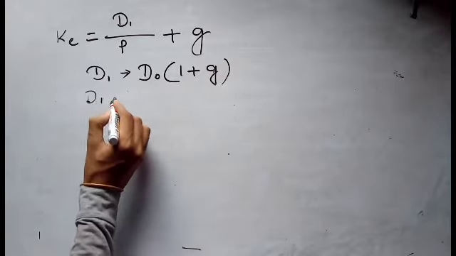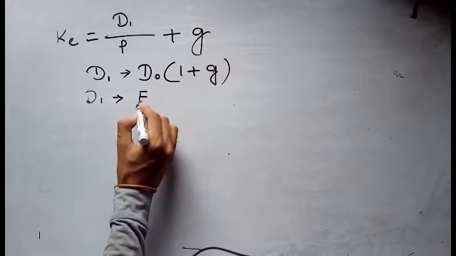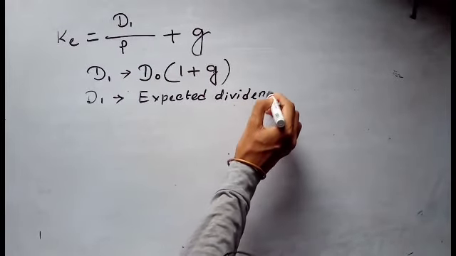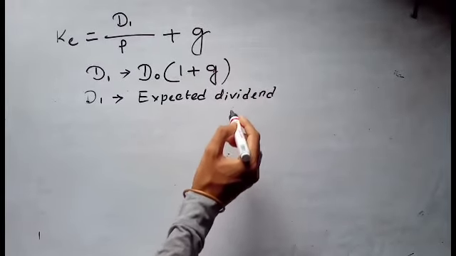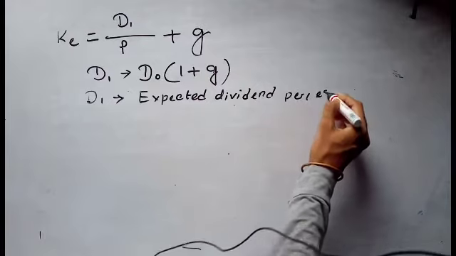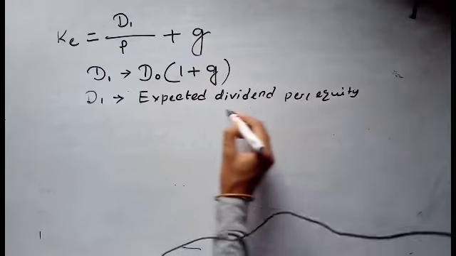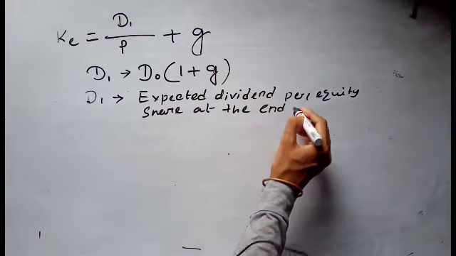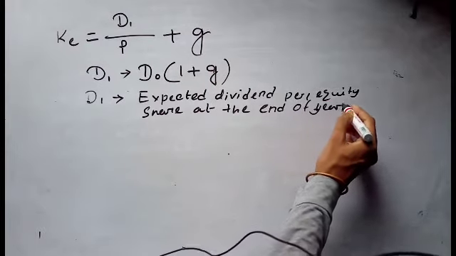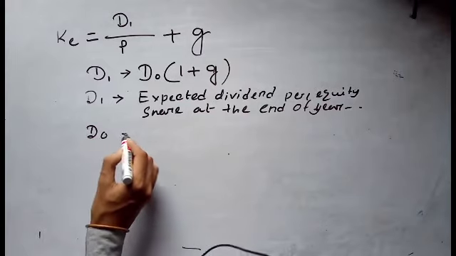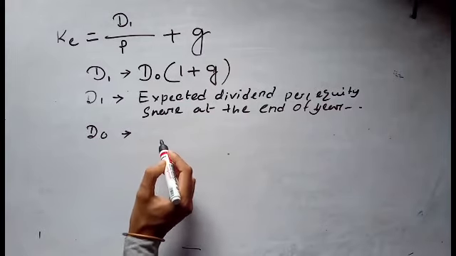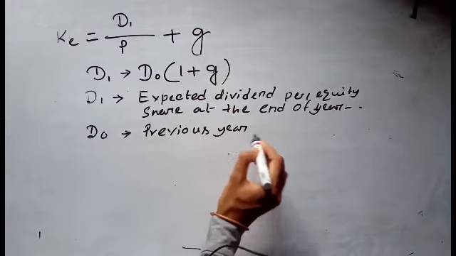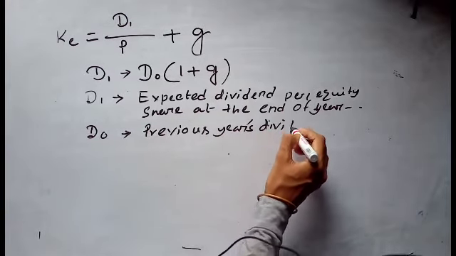Here D1 is the expected dividend per equity share at the end of the year, which is the present year, and D0 is the previous year's dividend per share.